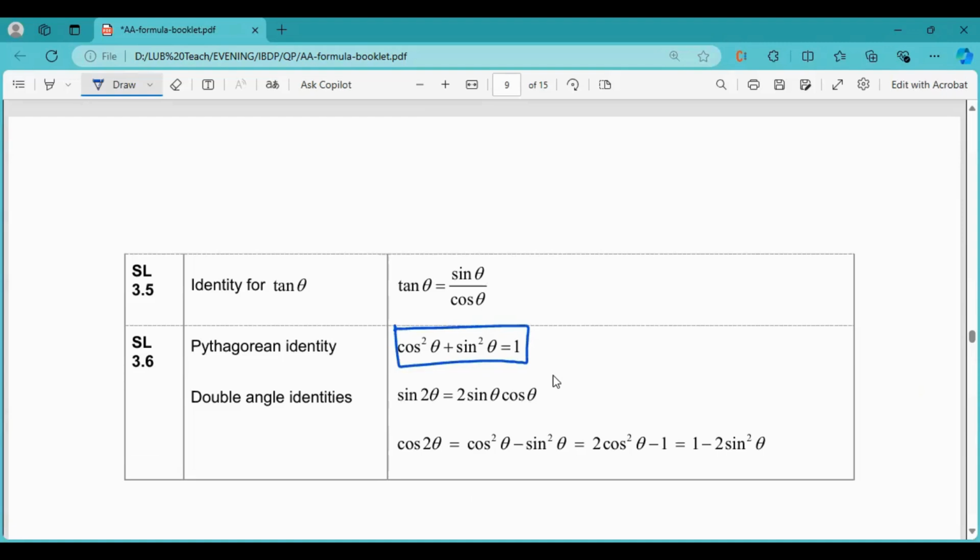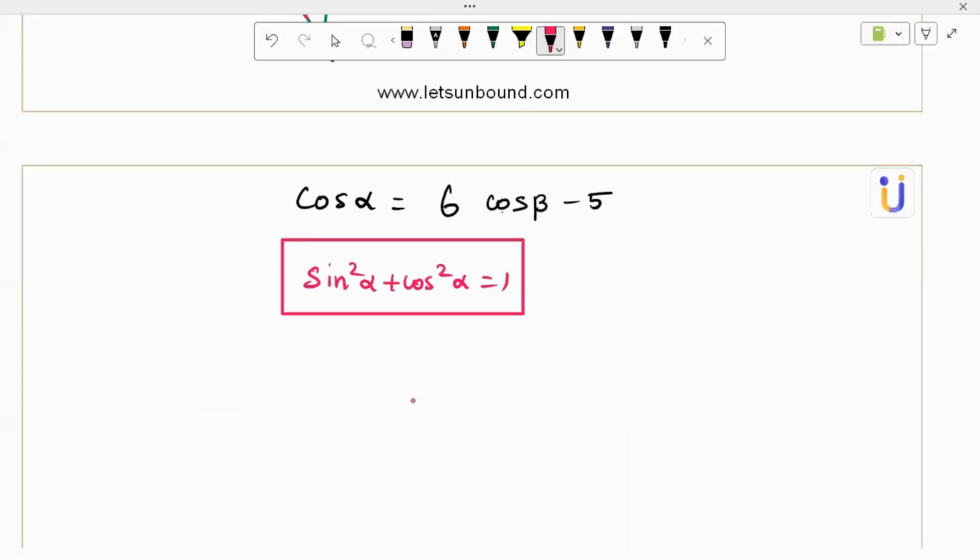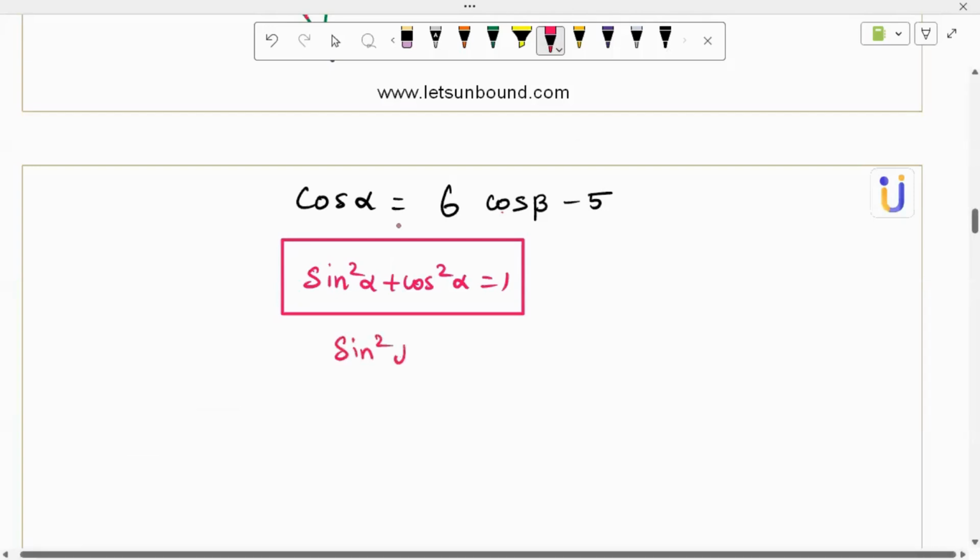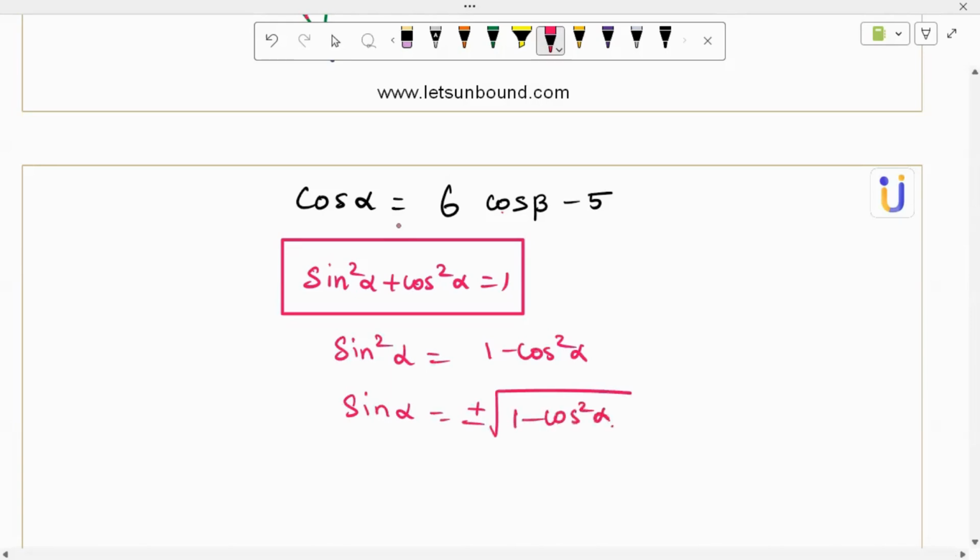And let's get back to this solution page. So what will be sine alpha? I need a replacement for sine alpha. So sine square alpha is 1 minus cos square alpha. I just want sine alpha, so it will be plus or minus root of 1 minus cos square alpha.